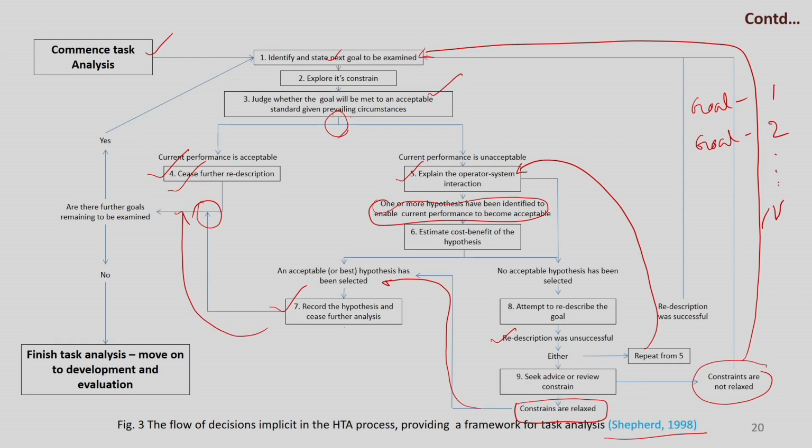Maybe for a small job you have 5-6 tasks, but for a complex job you have n number of tasks, and every task needs to be analyzed in this way. You will get a lot of detailing of these elements, and for each detail or step you need to freeze it. This is explained by Shepherd in 1998. This is the way he explained hierarchical task analysis.